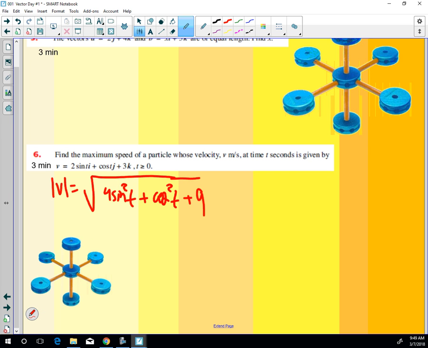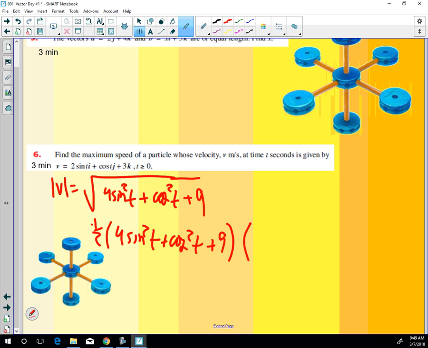So if we take the derivative, 1/2 times 4 sine squared t plus cosine squared t plus 9.